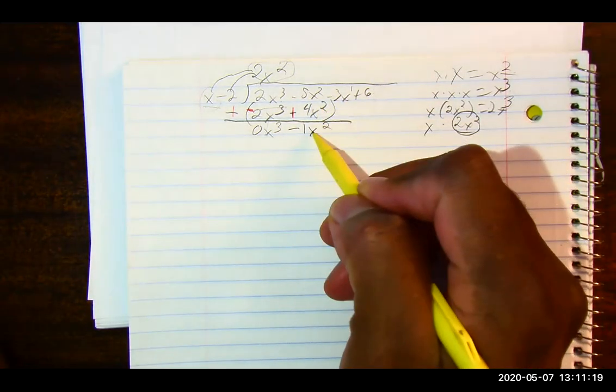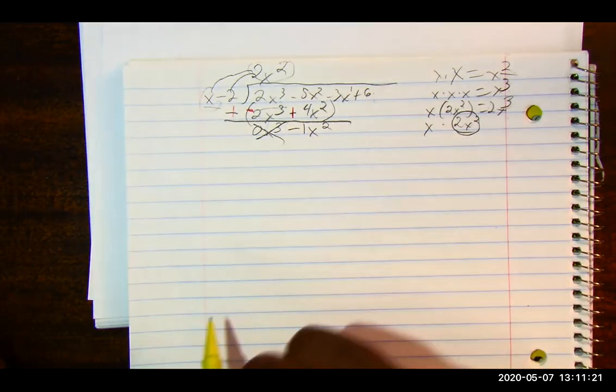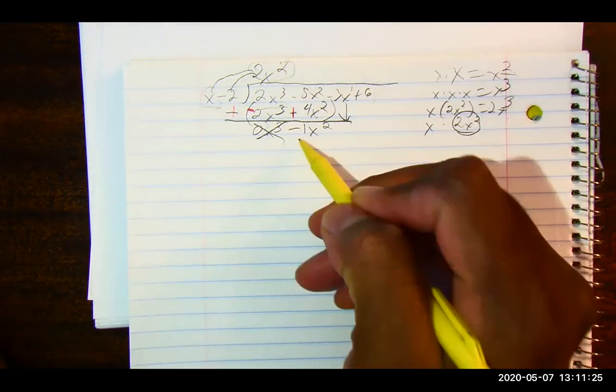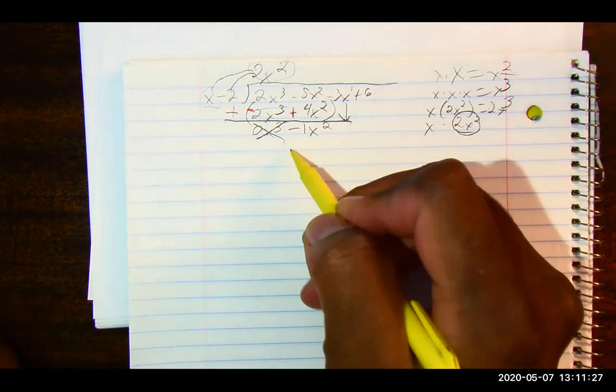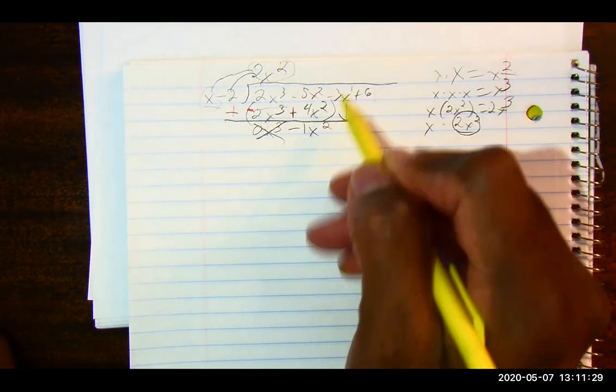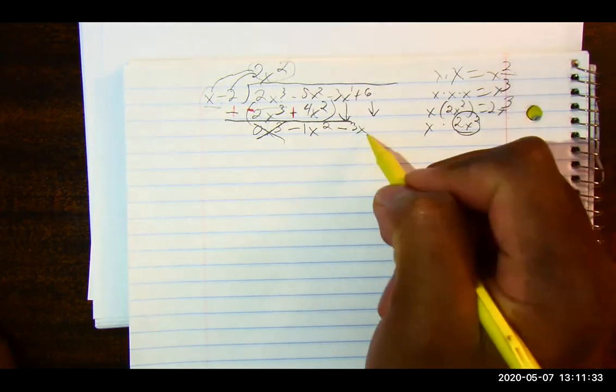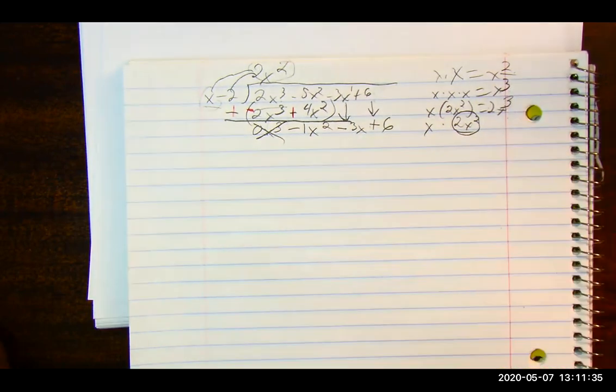So once we have this, we can cancel that out. I'm going to draw my arrow to bring this down. Minus 1x squared, same thing as negative 1x squared. Minus 3x, I might as well plus 6.